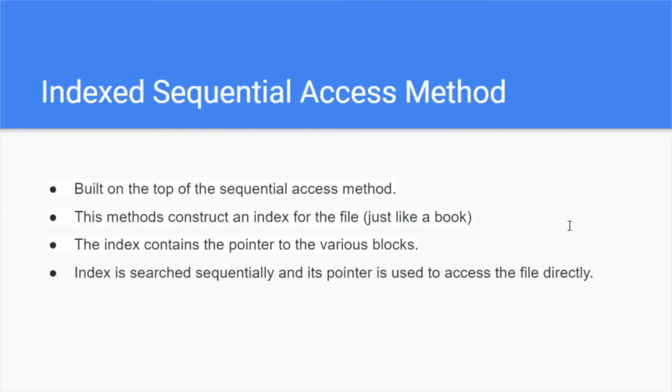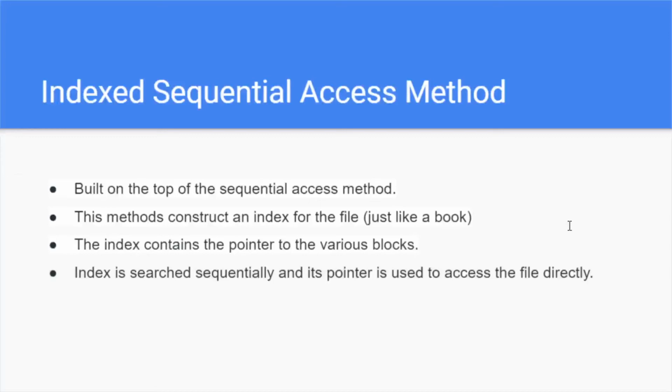The next is the indexed sequential access method. Here the access will be sequential, but we are maintaining an index of it, just like a book has. A book has different chapters, and inside a chapter there are different topics.